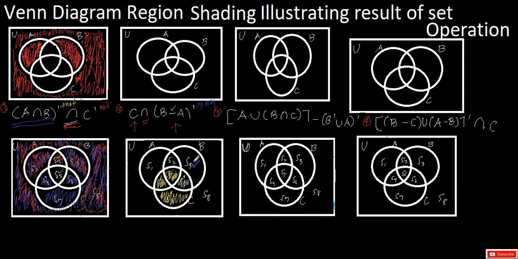Regions that are not S sub 3 and S sub 6. So these are S sub 1, S sub 2, this one, S sub 4, S sub 5, S sub 7, and S sub 8.